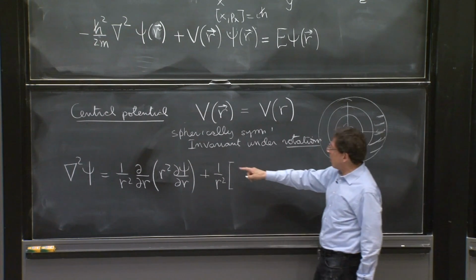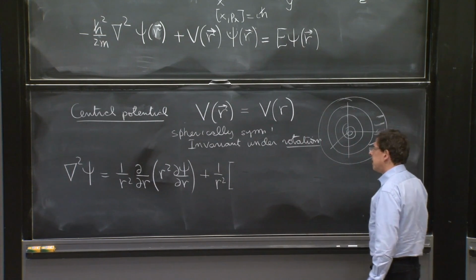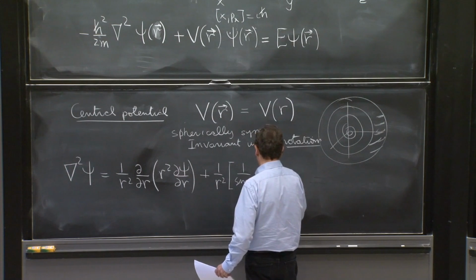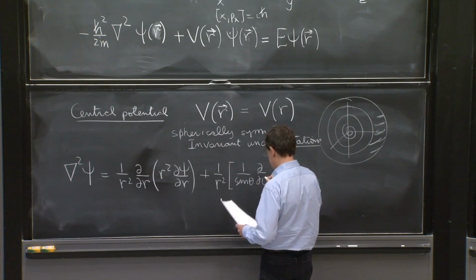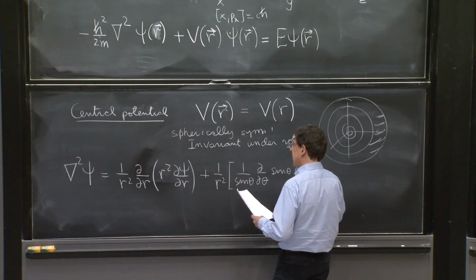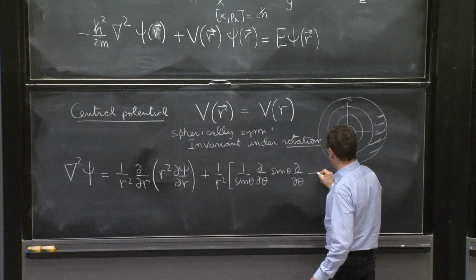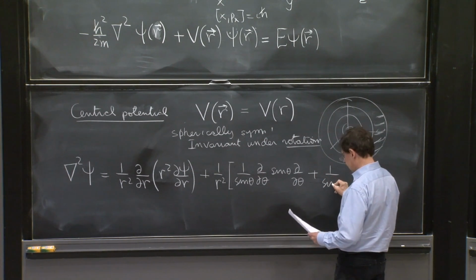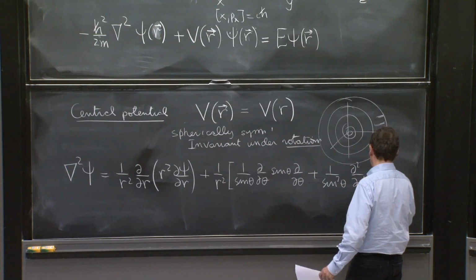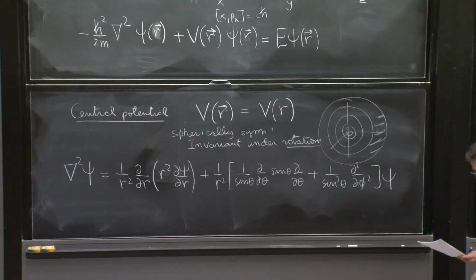You still need a 1 over r squared here for the units to work out. So here it is. It's slightly complicated: 1 over sine theta d d theta of sine theta d d theta of psi, plus 1 over sine squared theta d second d phi squared, all acting on psi.